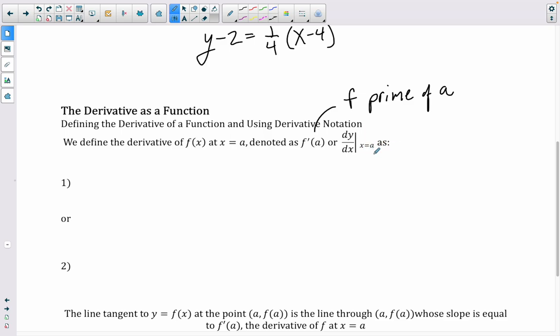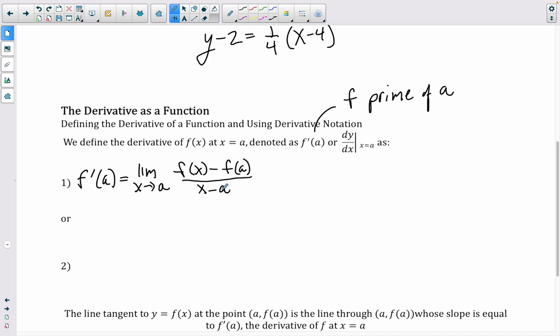There are two forms we can use to find the derivative at a certain value of x. We could say that f prime of a is equal to the limit as x approaches a of f of x minus f of a, all over x minus a.